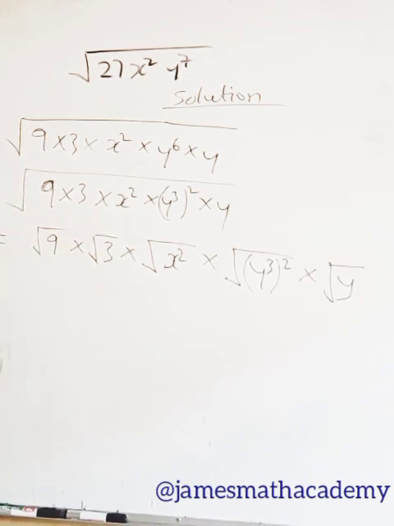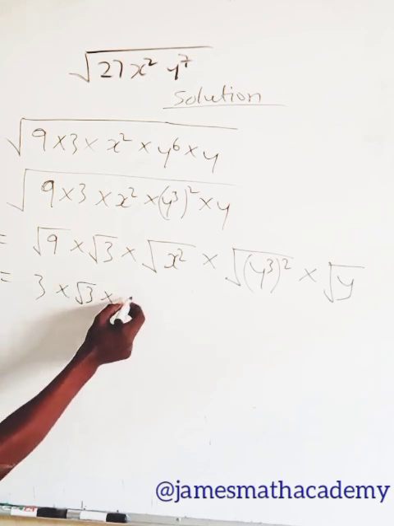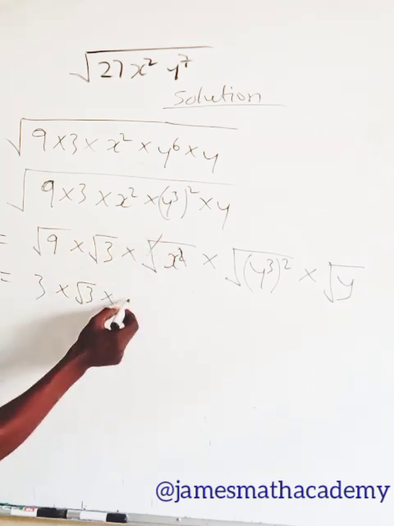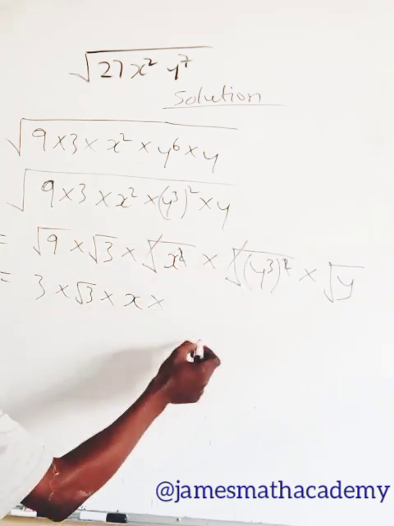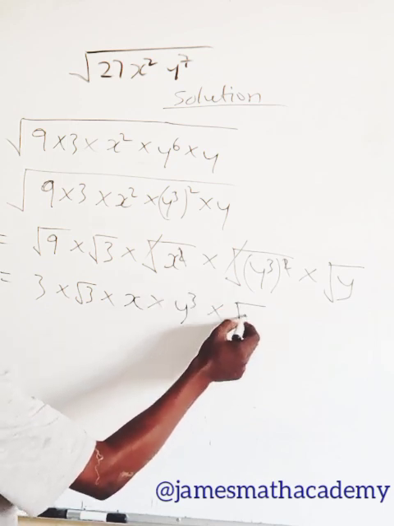So this can be written as root 9, which is 3, times root 3 times x, because this square can cancel this root, so you are left with x. This square too can also cancel this root, so you are left with y raised to the power 3 root y.